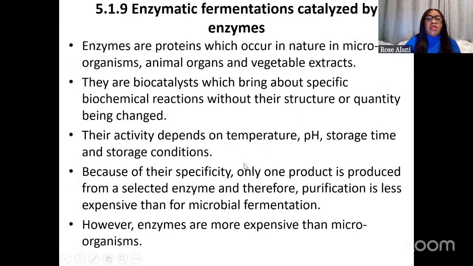So that is it with microbial fermentation. Now we'll just look briefly at the enzymatic fermentation using enzymes. Enzymes are proteins. They occur naturally in microorganisms, in animal organs, and in vegetable extracts.